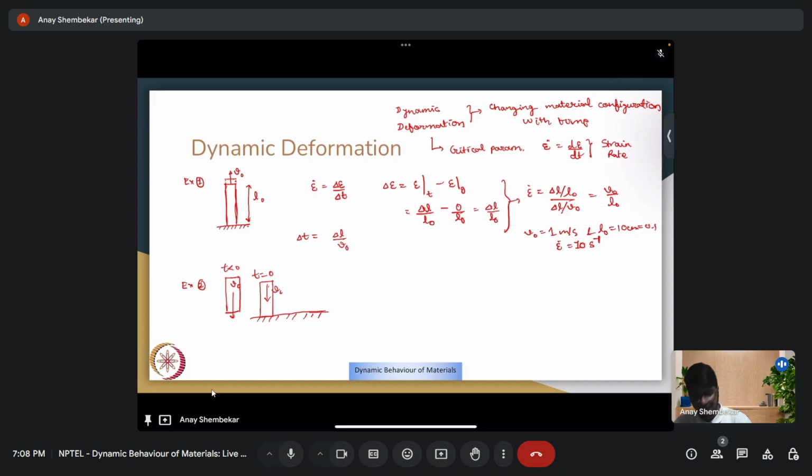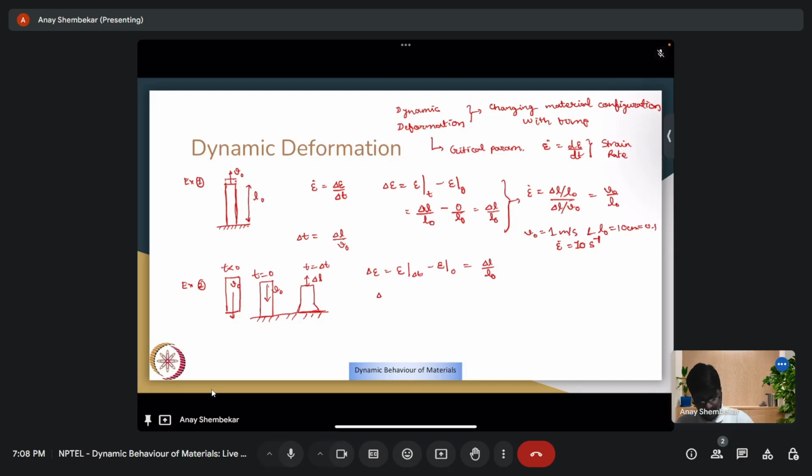As a result, you have deformation at the boundary. So you have a deformation delta L happening at t equals delta t. Again, we can write delta epsilon as epsilon at delta t minus epsilon at t equals 0, which is delta L by L naught, assuming sufficiently small delta L.